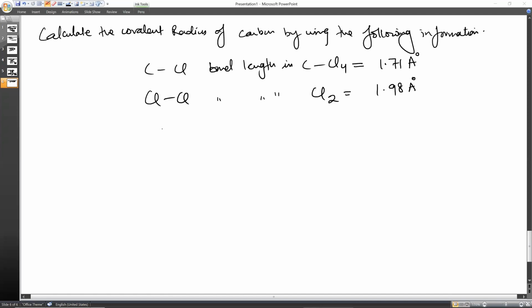Next, the electronegativity of carbon is 2.5 and the electronegativity of chlorine is 3.0, given to you. You need to find out the covalent radius of carbon. What should be the formula for this one?